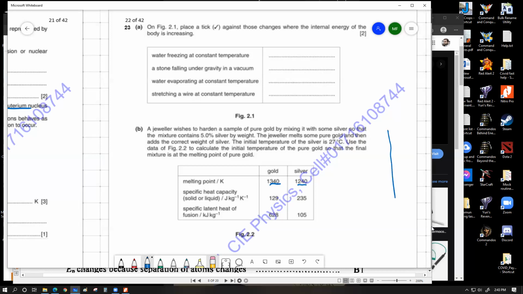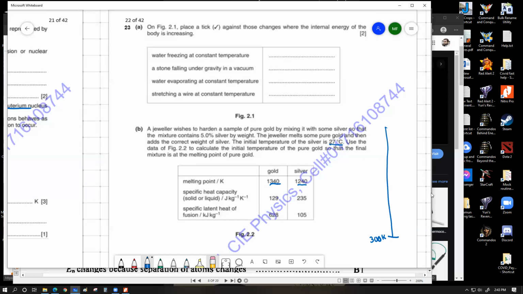The smallest temperature that we will have to deal with is the initial temperature of the silver, which was only 27 degrees Celsius when we added it into the mixture. So in Kelvin, this is going to be 27 plus 273, 300 Kelvin. This is the smallest temperature, 300 Kelvin. This is the temperature of the solid silver piece that we're going to add into the gold.